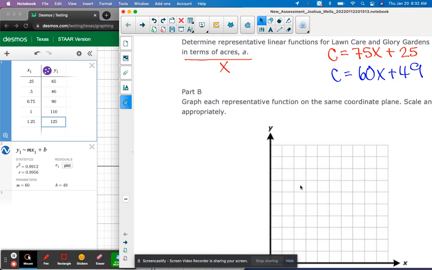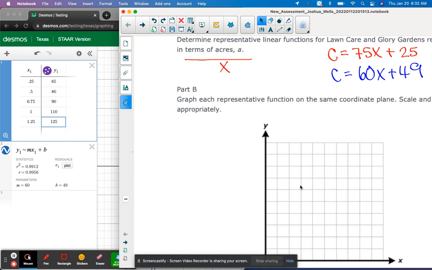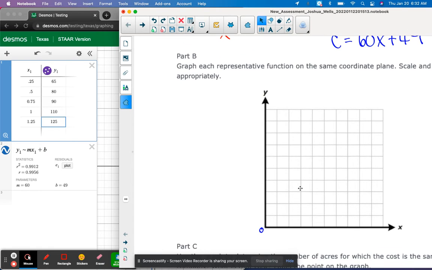So to label this graph, of course, we start with 0. 0 is always at the corner. And I'm going to count by tens. Or we're going to count by fives.